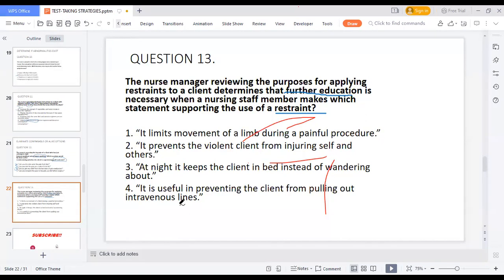If you limit the movement of the limb, then the patient is also not able to pull out intravenous lines, right? This is not the purpose of restraint. So number one and number four are saying the same thing.